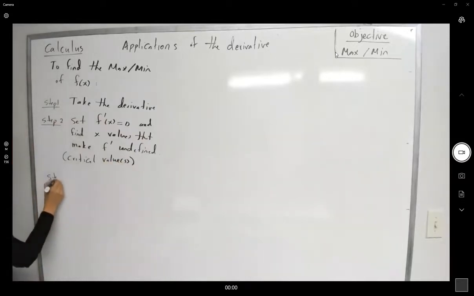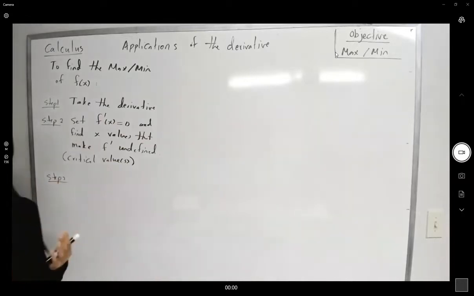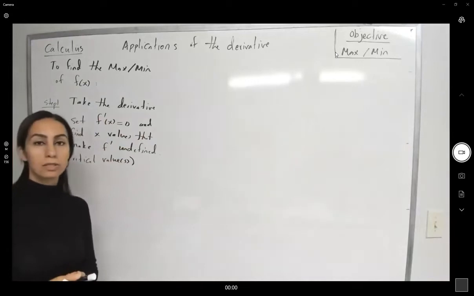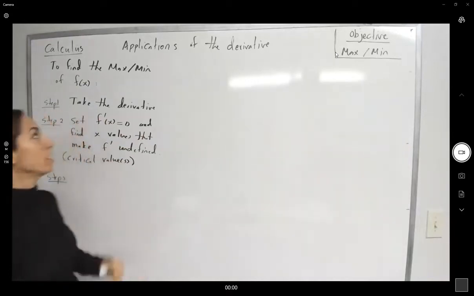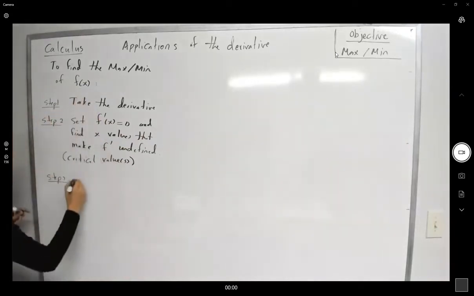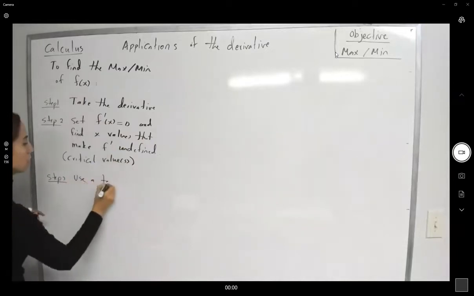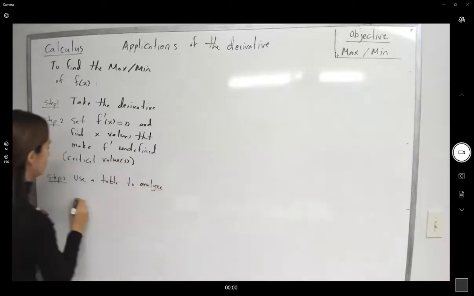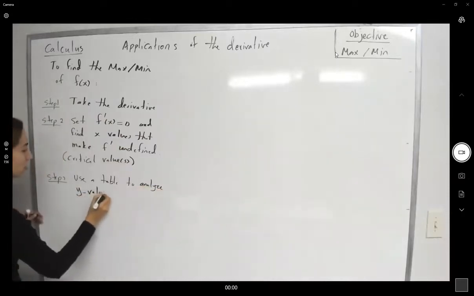In step 3, use a table. What is that table? That table includes critical values and the original function. Use a table to analyze y values.